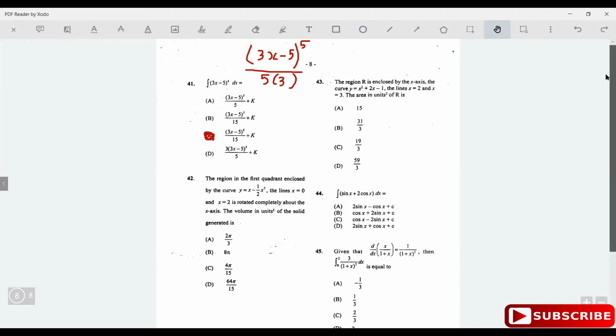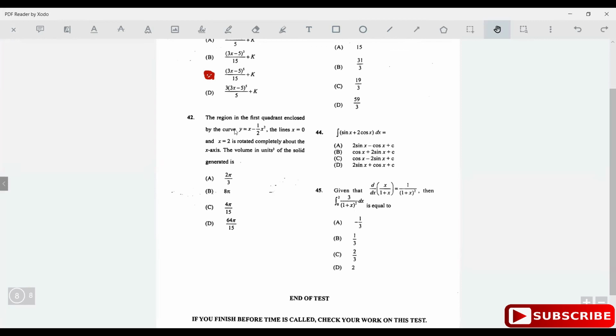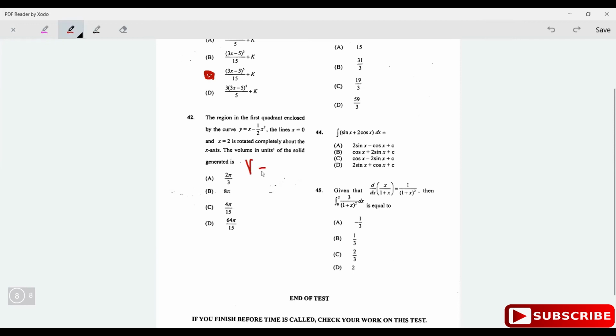Now this question says, the region in the first quadrant enclosed by the curve y equals x minus a half x squared, and the lines x equals 0 and x equals 2 is rotated about the x-axis. Find its volume. You have to remember that the volume is equal to pi times the integral of y squared dx.